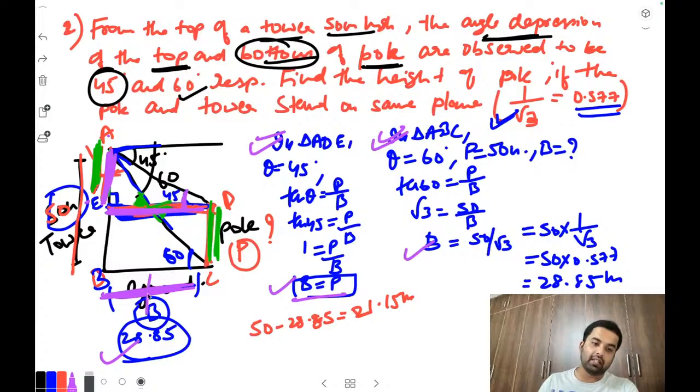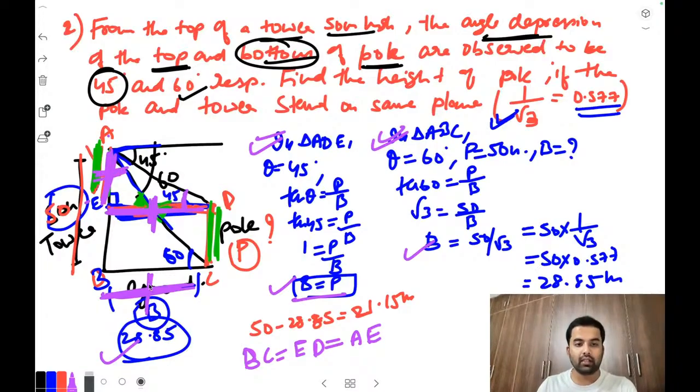As we know, this BC is equal to what? Let me mention that also. BC equal to ED, and ED equal to what? AE. See, all the purple color ones are equal now. Correct? Now AE becomes 28.85. Now, the last answer is remaining here.